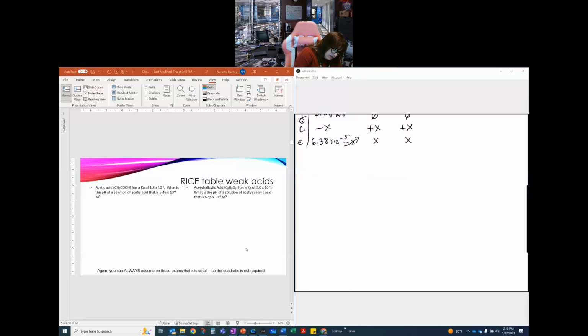And so I know that my Ka, which is equal to the 3.0 times 10 to the minus 4th, is equal to the concentration of H plus times the concentration of C9H7O6 minus over the concentration of C9H8O6.